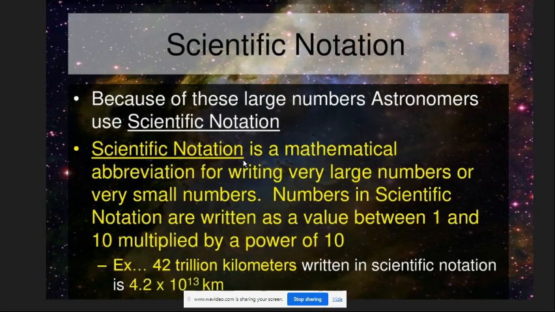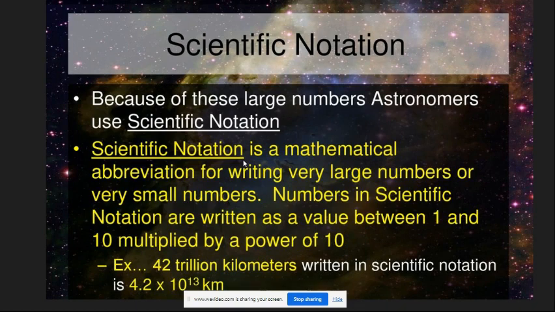So next was scientific notation. You will need to be able to understand how to work with scientific notation. I'll be sure to put some of that on the test. It's a mathematical abbreviation for writing very large numbers. The idea is you put things down to one integer and then decimals. Then you say times 10 to the whatever power.